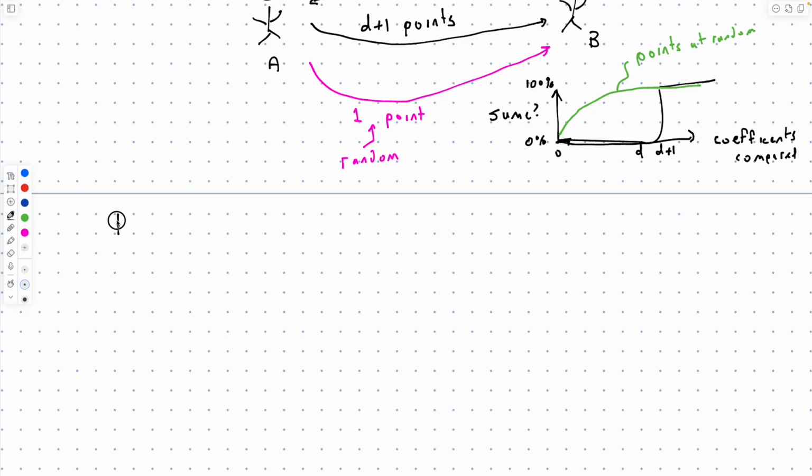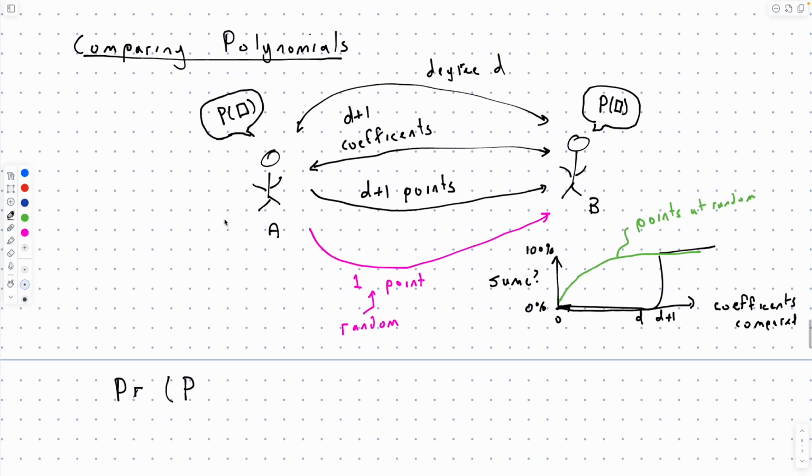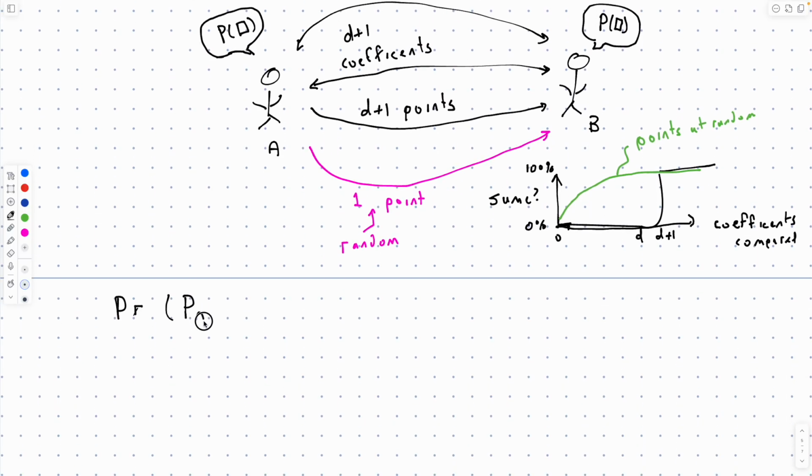Okay, so what's the probability that Alice's polynomial, I'll put it as PA, and Bob's polynomial have the same value at some random point that I pick?